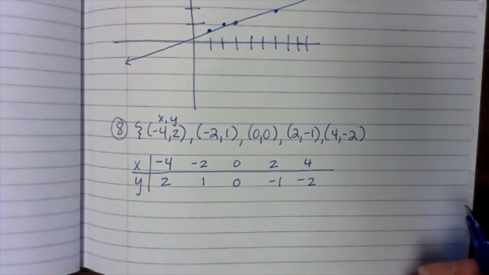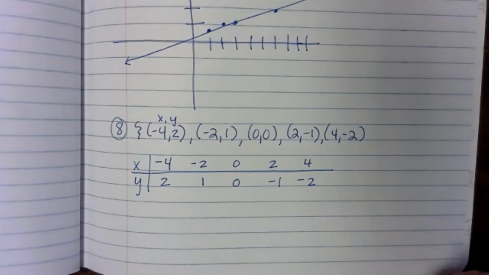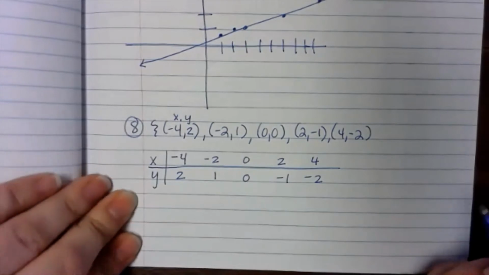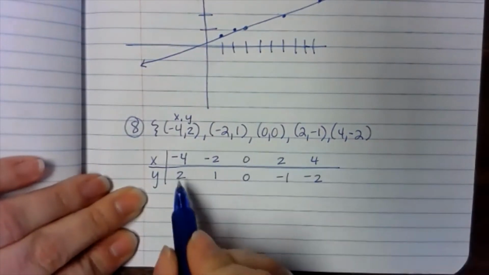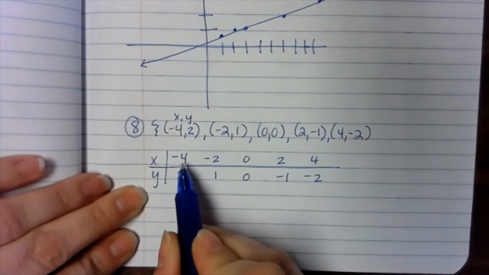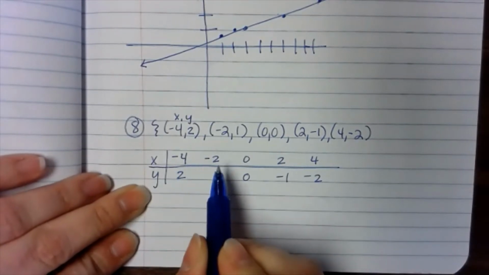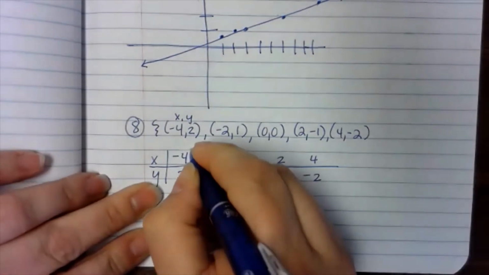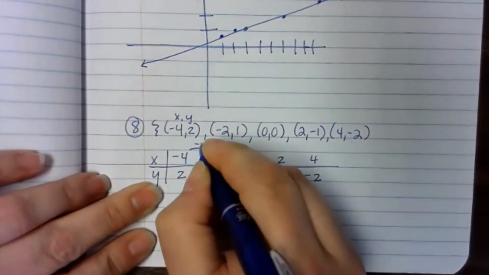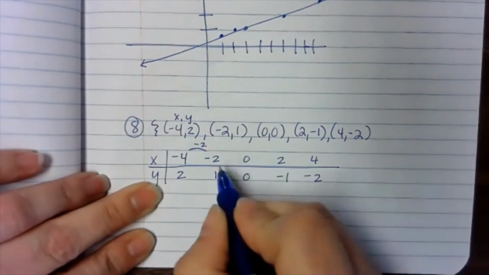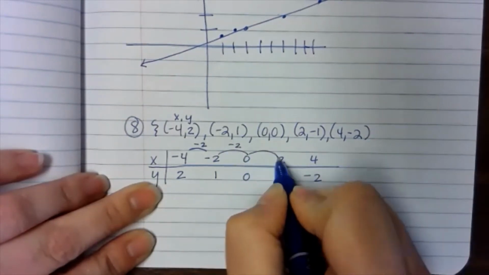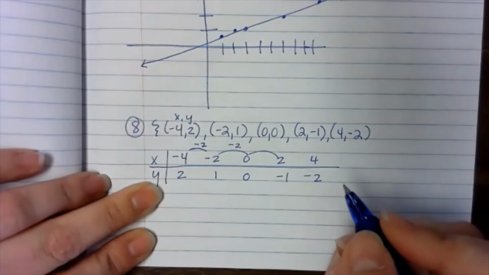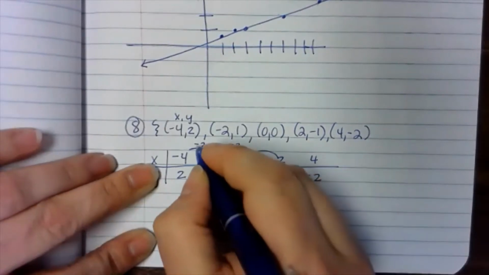So what we want to do here is try to figure out what's happening with the numbers. And I'm not even going to lie, I really hate this. Okay, so we went from a -4 to a -2. So we subtracted 2, right? From -2 to 0, we subtracted 2. From 2 to, oh, you know, actually it is adding.